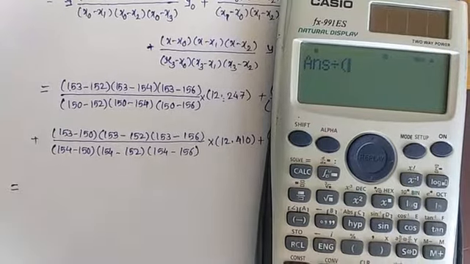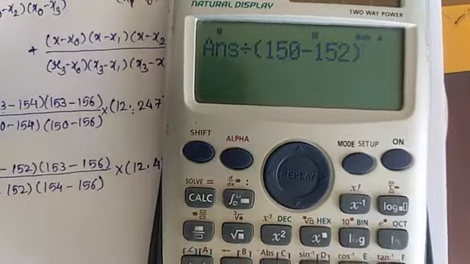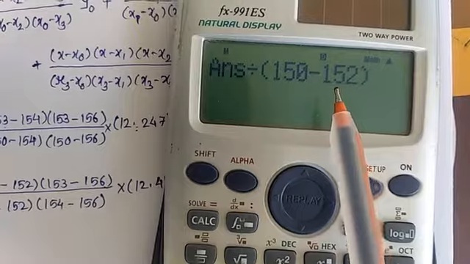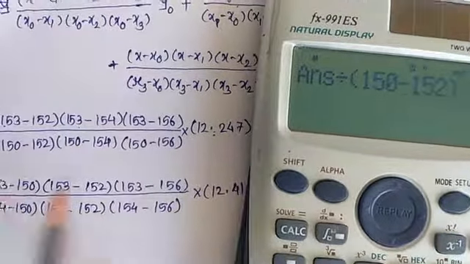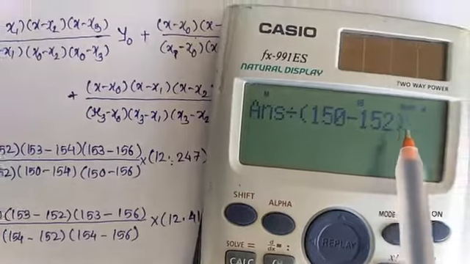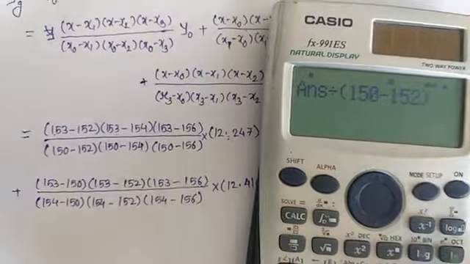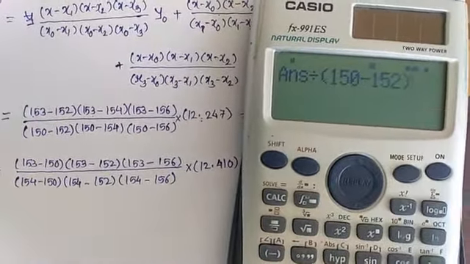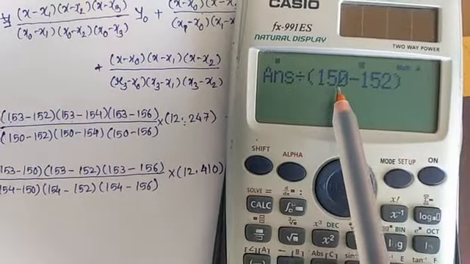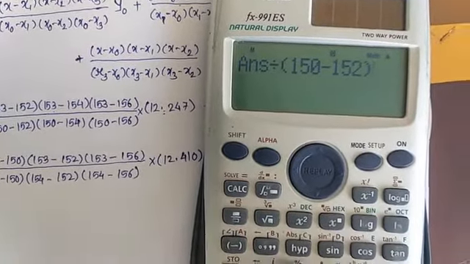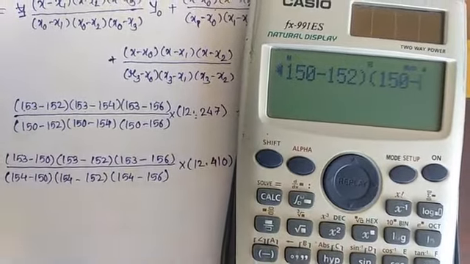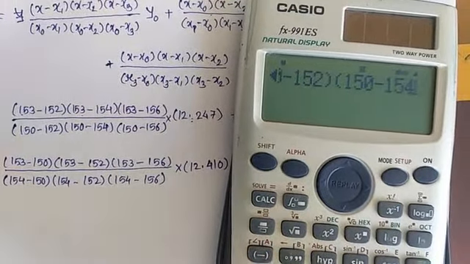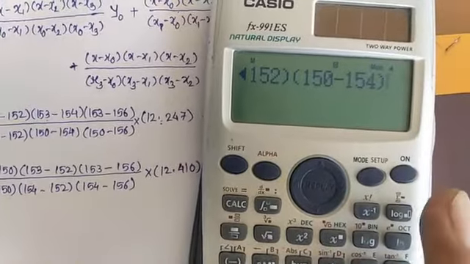When we are doing calculation on the calculator, we have to make some calculations clear so that it will not give errors. If you write 150 minus 152 into 150 minus 154, it will be our wrong calculation.